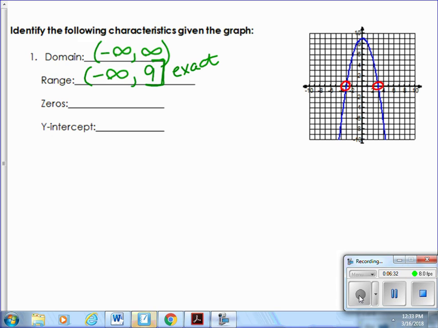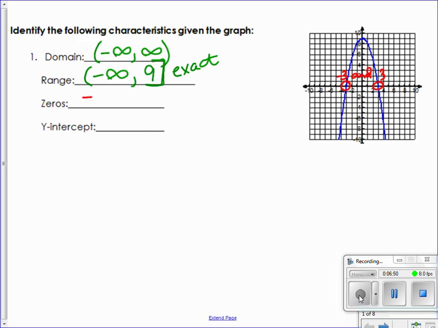So this graph actually has 2 zeros. It touches at the x value of -3, and at the x value of +3. It's got a 0 at -3 and at +3, because you're really just looking at where the graph touches the x-axis.